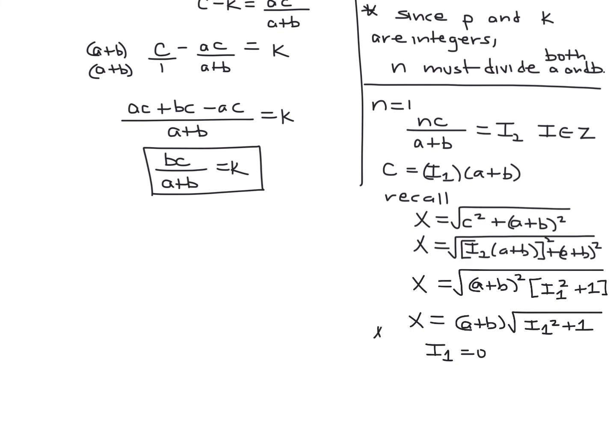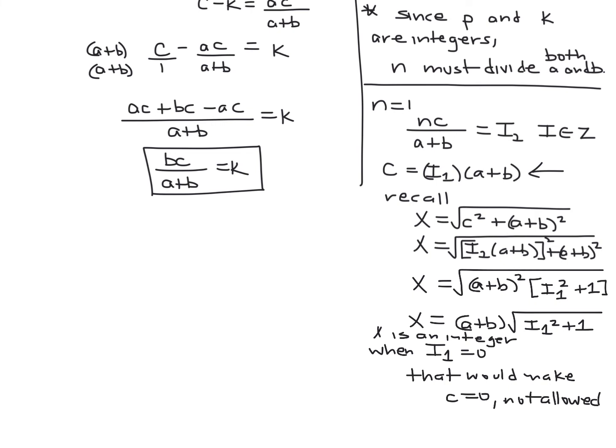So x is an integer when I1 is equal to 0. But if that's the case, then if you look up here, that would make c equal to 0. And of course that's not allowed because c has to be a positive integer. So when n equals 1, this all falls apart. Okay, not a problem. Let's just keep going here.